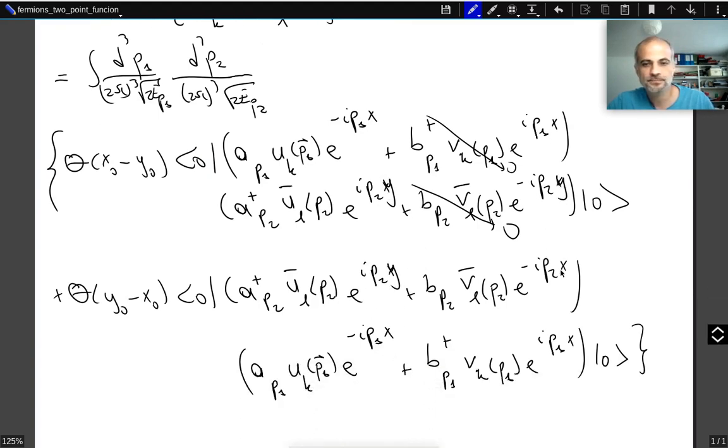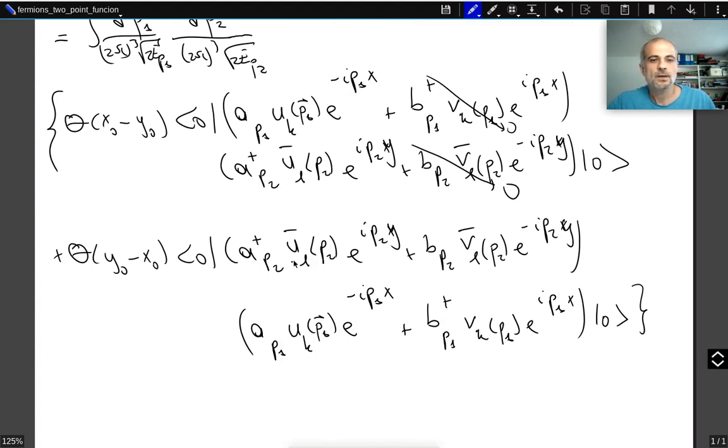Now, in this case, if y0 is later than x0, then this operator acting on the vacuum will give me 0. And this also will give me 0 acting on this vacuum over here. So in this case, it's the antiparticle that is propagating from x to y. Here it is the particle that is propagating from y to x.